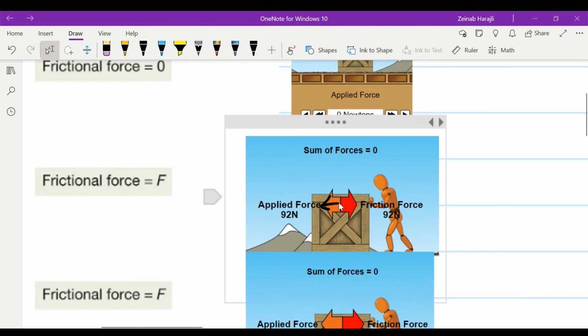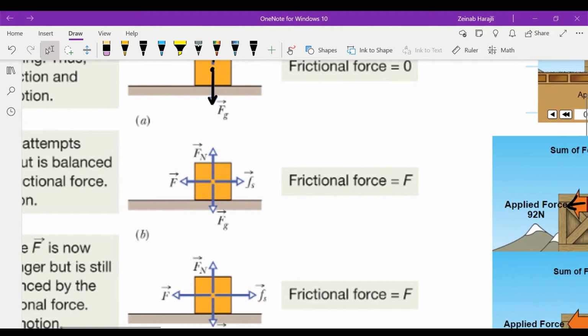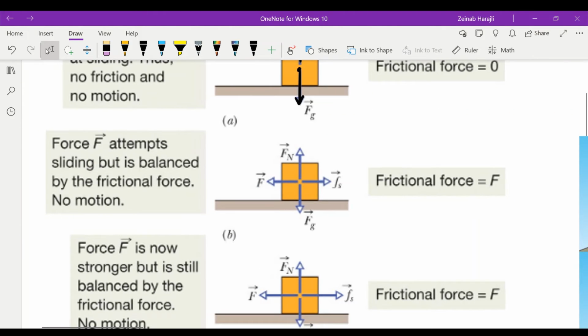And then you can see immediately a friction force exerted in the opposite direction. So if we draw the free body diagram, we'll have weight, normal, friction and the applied force. We can notice that the applied force is always balanced by the frictional force. So we can see here we have written friction is equal to the applied force, and then the crate remains at rest.